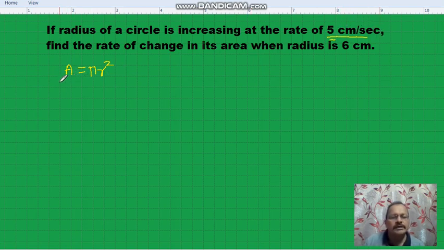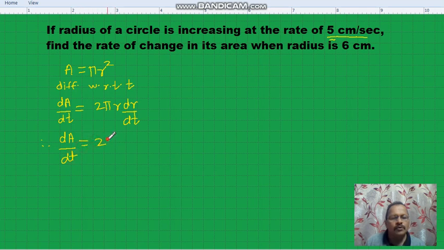So here, considering the time variable, differentiating with respect to time t, dA by dt is equal to 2 pi r into dr by dt, the rate of change of radius with respect to time, and therefore dA by dt is equal to 2 pi r. dr by dt is given to us.